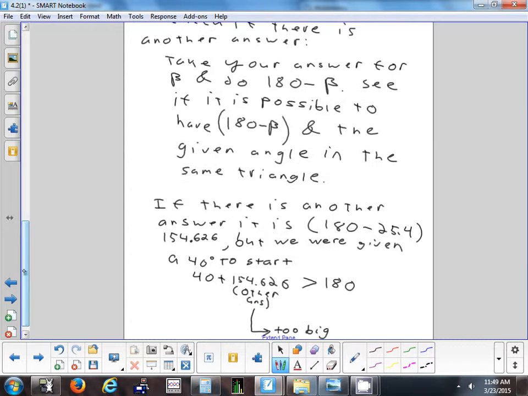Right? So I just explained what we went through. If there's another answer, subtract what we got for beta from 180. This 154, that's your candidate for the second answer. But you were given a 40-degree angle to start. So if you try to add what you think could be the second answer to what was given, it's too big. It doesn't work.